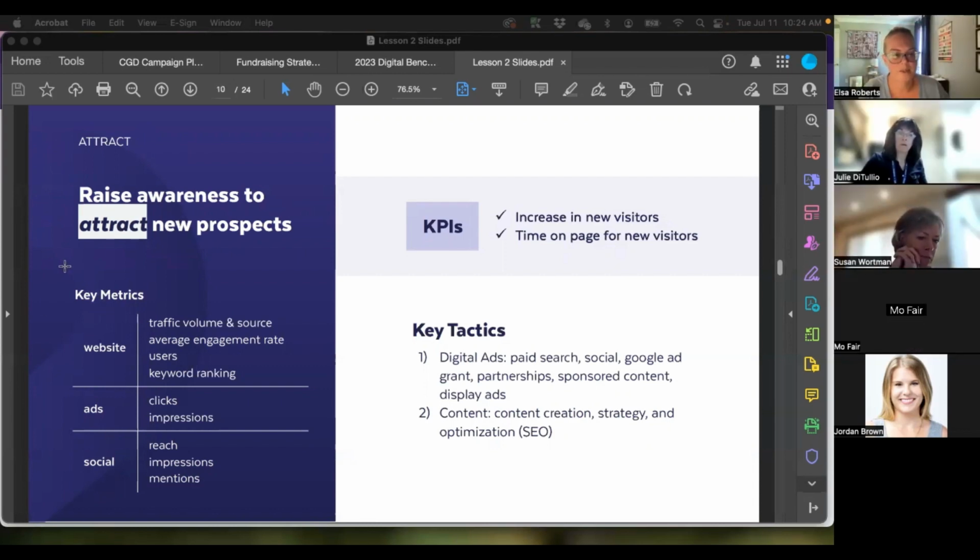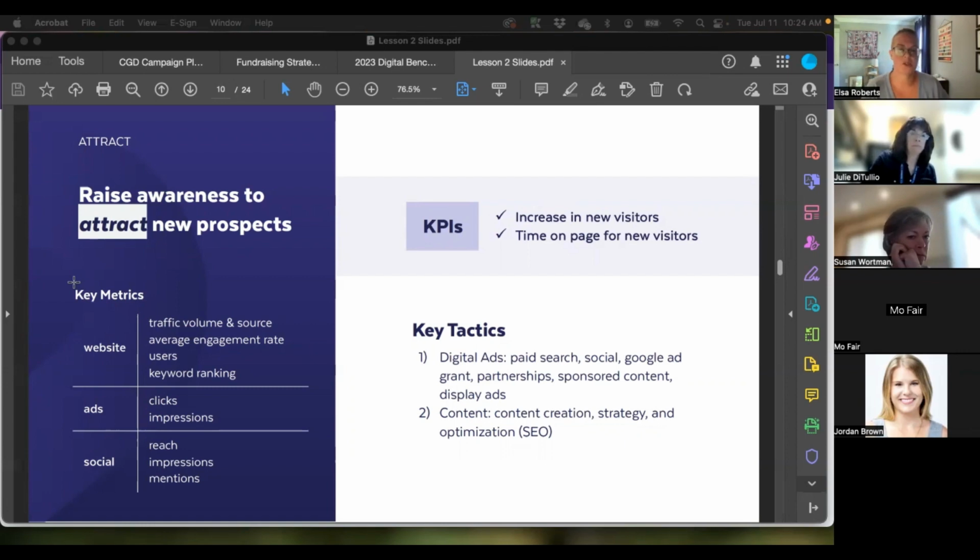I've identified some key metrics that you typically want to pay attention to at this point along the pathway, as well as some suggested key performance indicators. These are suggestions, especially when it comes to key performance indicators, which are going to be somewhat unique to you and your organization and your goals for your prospective donors. But this is supposed to serve as a guide.